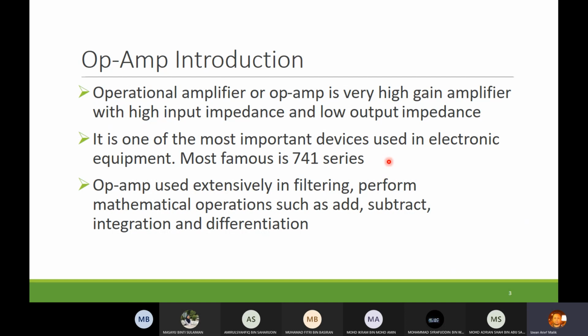So we look into the introduction of op-amp. Op-amp is a very high gain amplifier with high input impedance and low output impedance. So its input has high impedance, its output has low impedance. It is one of the most important devices used in electronic equipment.